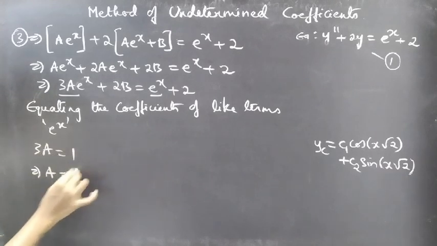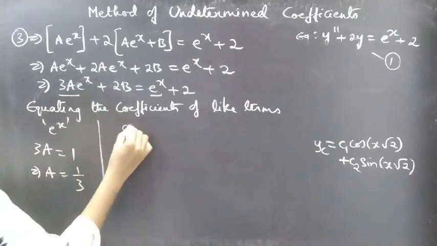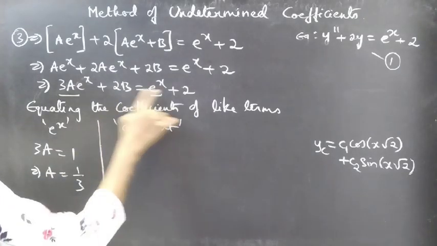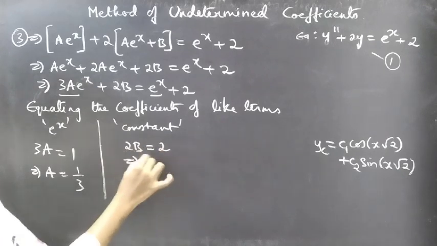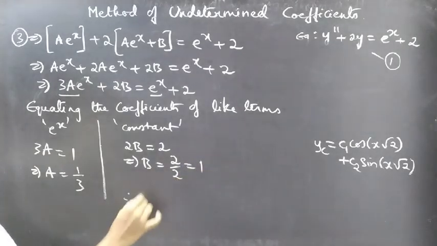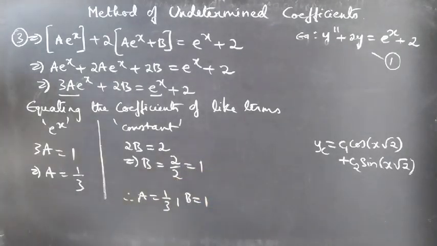From this, you'll get a equal to 1 by 3. Now we have constants, right? Let's equate constants. 2b equal to 2. From this, you'll get b equal to 2 by 2, which is 1. Therefore, a equal to 1 by 3 and b equal to 1. We got the a and b values.